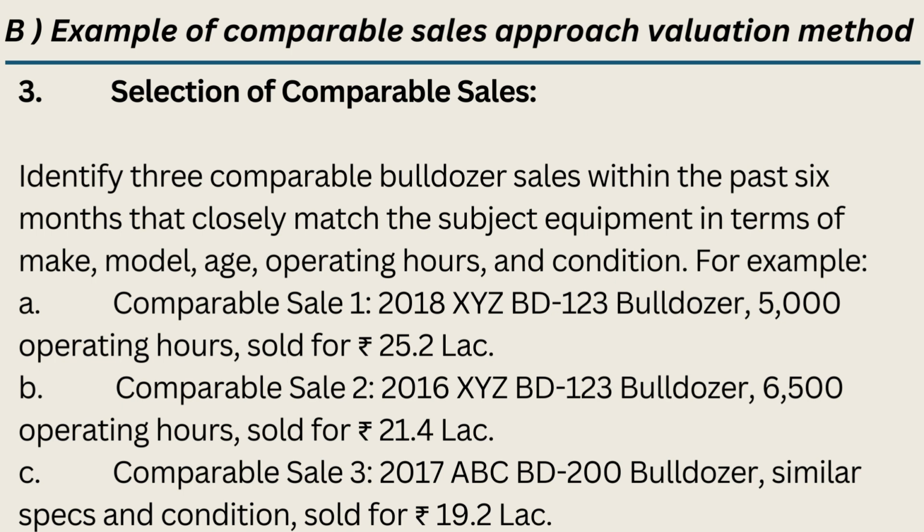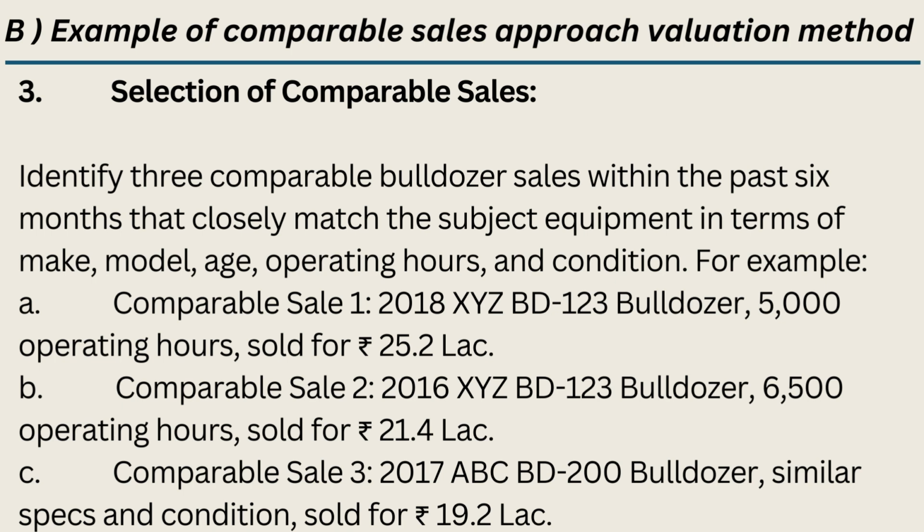3. Selection of comparable sales. Identify 3 comparable bulldozer sales within the past 6 months that closely match the subject equipment in terms of make, model, age, operating hours, and condition. For example, A. Comparable sale 1, 2018 XYZ BD-123 Bulldozer, 5,000 operating hours, sold for 25.2 Indian rupees lakh.